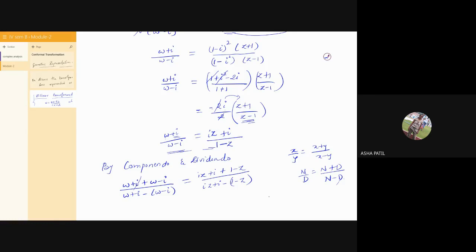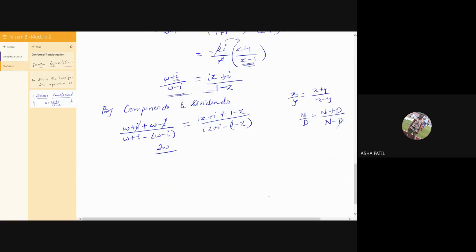Simplify this. What happens here? I cancels, we have 2W divided by W plus I minus W plus I. It is equal to IZ plus I plus 1 minus Z, no simplification here, divided by IZ plus I minus 1 plus Z.